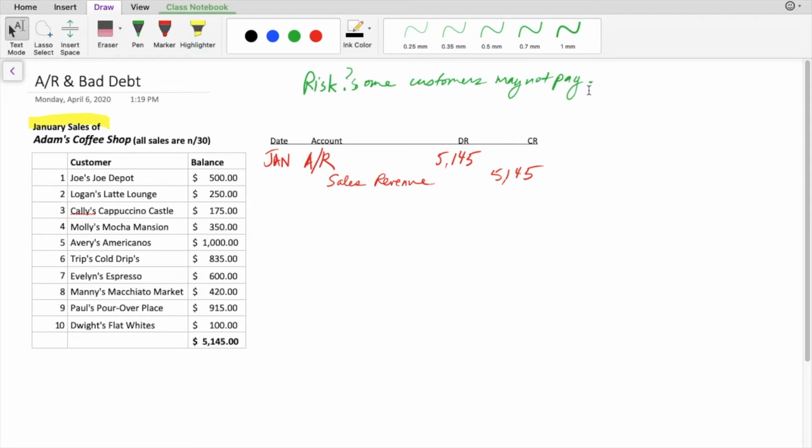When I have customers who may not pay me, that is what we call bad debt. So bad debt are customers who don't pay. So they owe me money and they don't pay me. Now, the cost I incur related to this, because I am incurring a cost, right? I am incurring a cost related to extending credit to my customers.